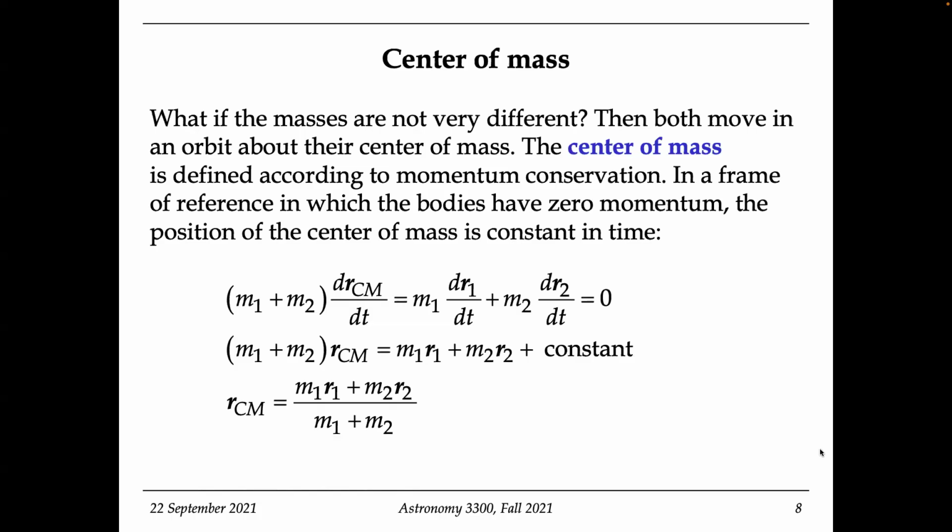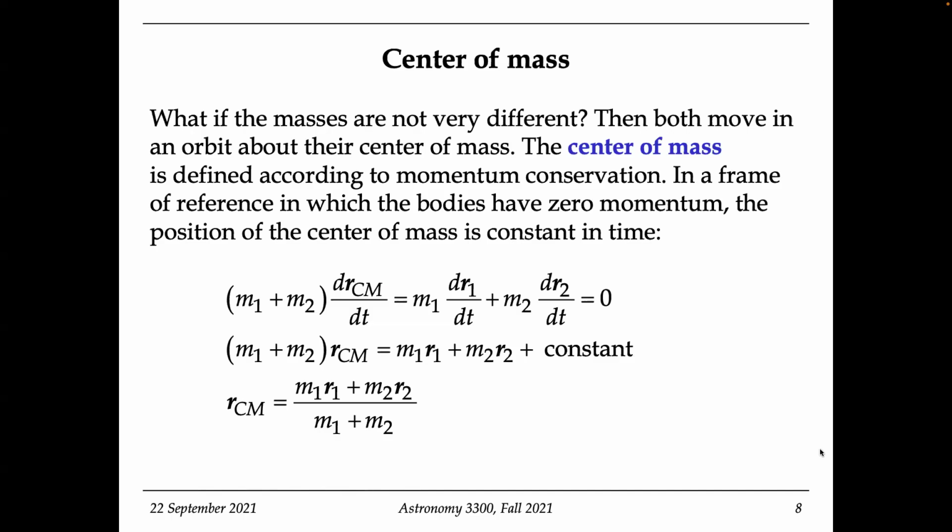For the Earth-Moon system, the center of mass is inside of the Earth. For the Sun-Jupiter system, it's a little bit outside the Sun. So the Sun does wobble. That's how we do exoplanets, right?